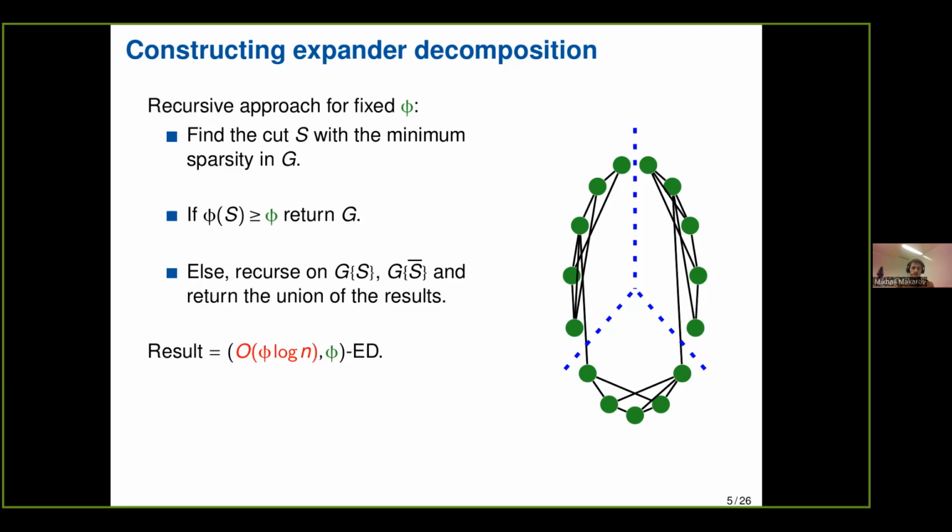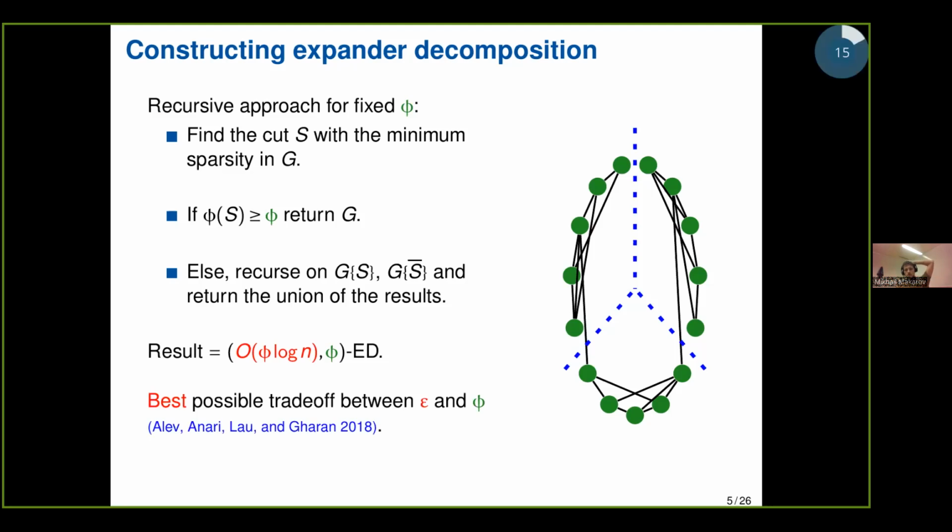One can see that this results in an expander decomposition where each cluster is a phi expander by construction, and one can also show that the fraction of the intercluster edges is bounded by O of phi times logarithm of n. This is known to be the best possible trade-off between epsilon and phi, so there is nothing really to be improved here.